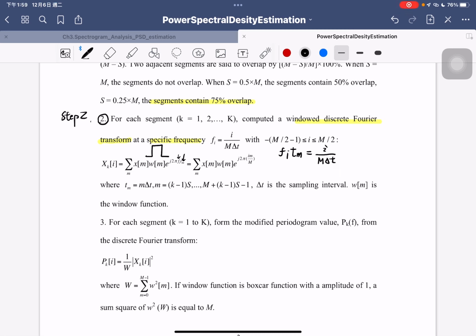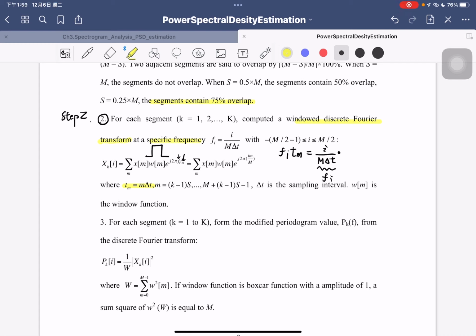So m multiplied by delta t is the total length of the data. And as I mentioned, one over the total length is the delta f. Okay, and this is, I write down here, the Fi multiplied by the Tn. And you can see the Tn I defined here. We have the delta t, and we have the different n points. So this indicates different time steps.